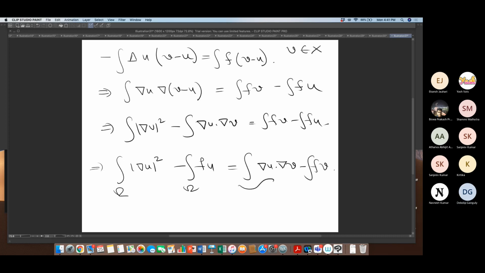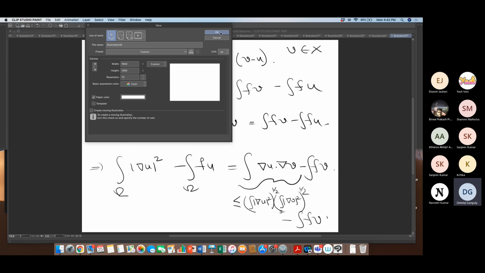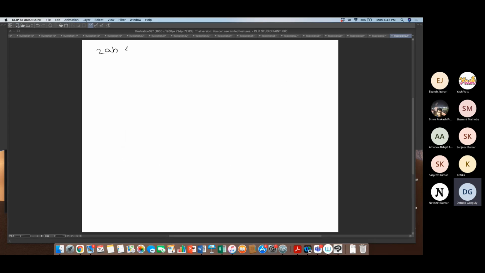Okay? Here you use Cauchy-Schwarz or Holder inequality. Now you use this thing: 2ab is less than a square plus b square.